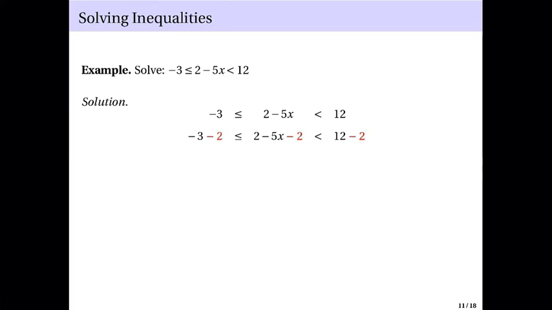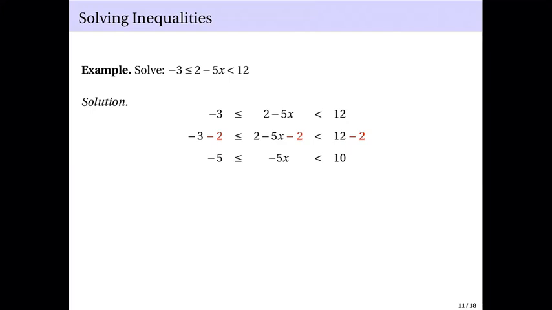Notice that the inequality directions are not changed because you are adding -2 on all parts. Then we simplify. -3 minus 2 is -5, with the less than or equal. Here 2 minus 2 is 0, so we are left with -5x in the middle. And here we have less than, and 12 minus 2 is 10.